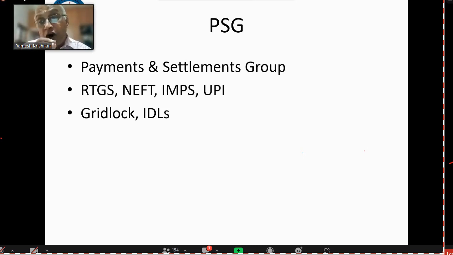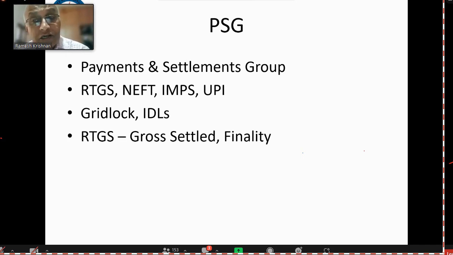So though the constituent Larsen and Toubro's account has money, from one bank to another, the RBI current account is in deficit. That is why the fund has effectively not landed in the receiving bank's current account with RBI. Now, is it clear? Yes, sir. Beautiful. So this is why, though the constituent's current account has balance, the bank has to approach RBI for intraday liquidity.